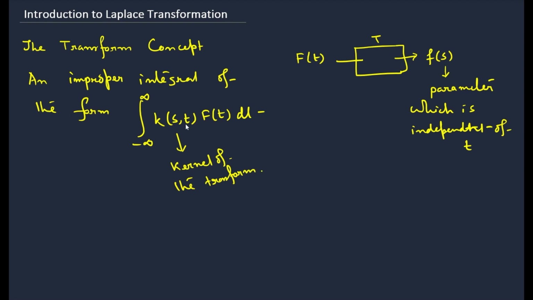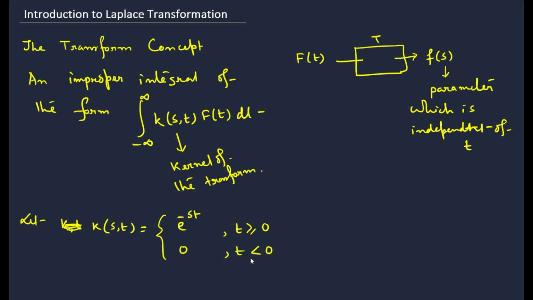Depending on this particular kernel, this improper integral will change to different forms. When this improper integral will become Laplace transformation, we have to define the kernel like this: it will be e to the power minus st for t greater than or equal to 0, and it will be 0 if t is less than 0.